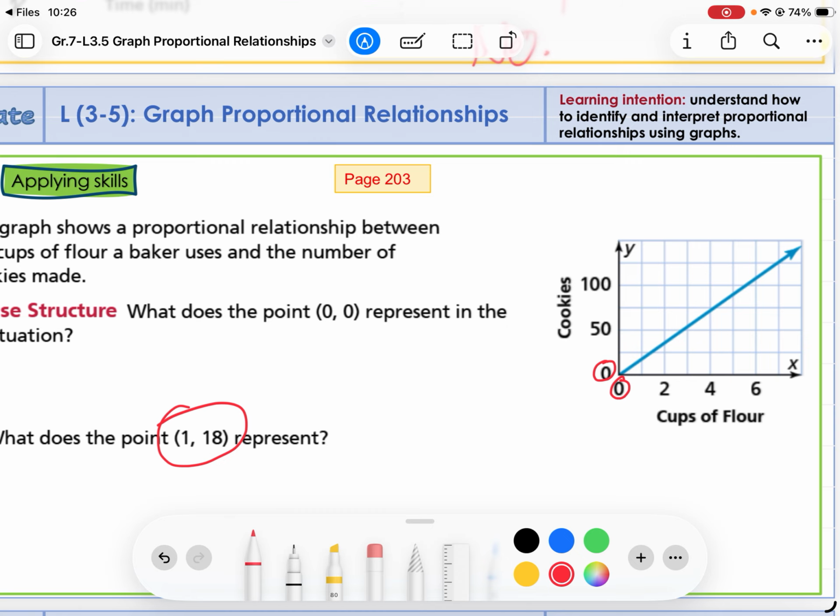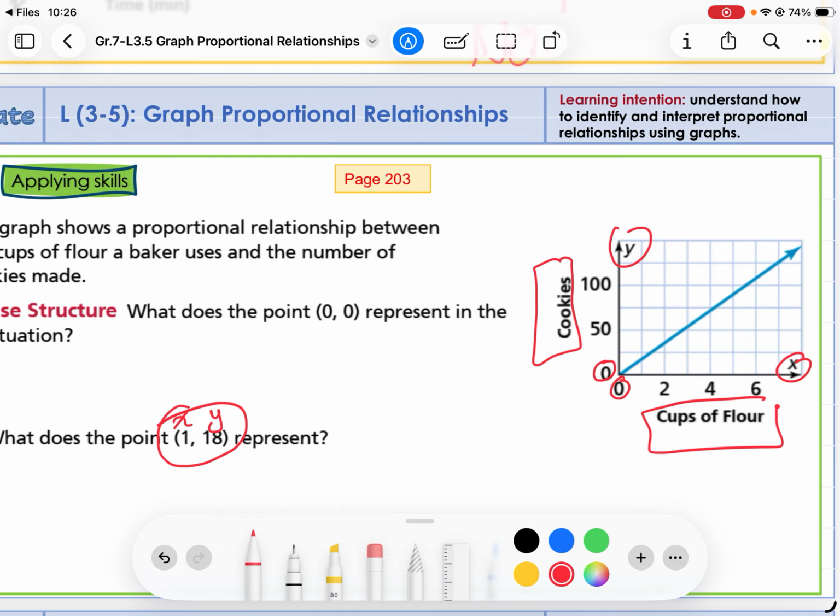The same thing. For every cup of flour, he gets 18 cookies. So you should look at what x represents, this is x and this is y, and you should look at what y represents and speak the language of a graph. Okay? So for every 1 cup of flour, you get 18 cookies. In other words, guys, 18 is the constant of proportionality.